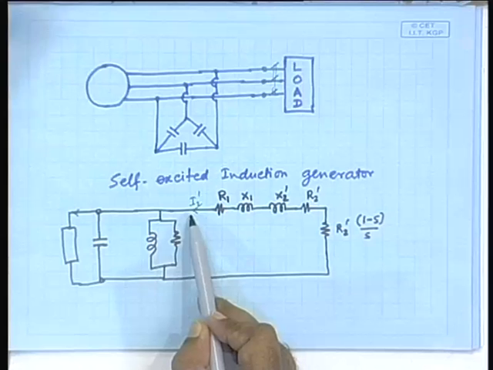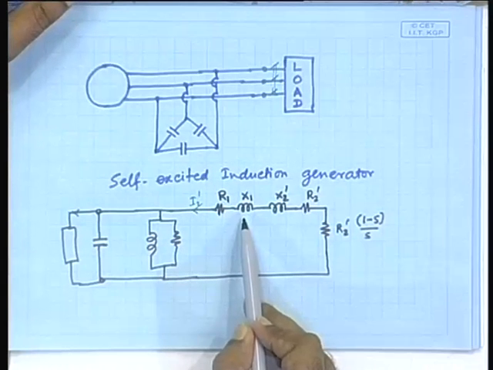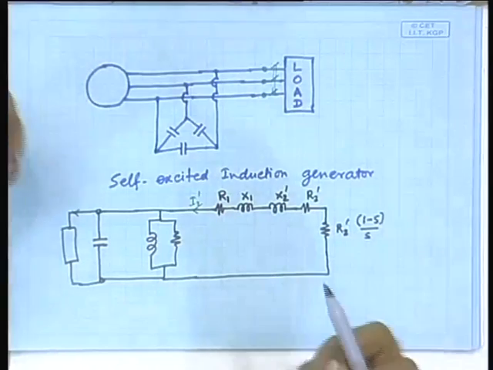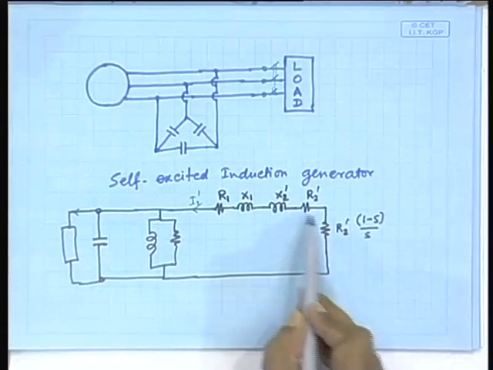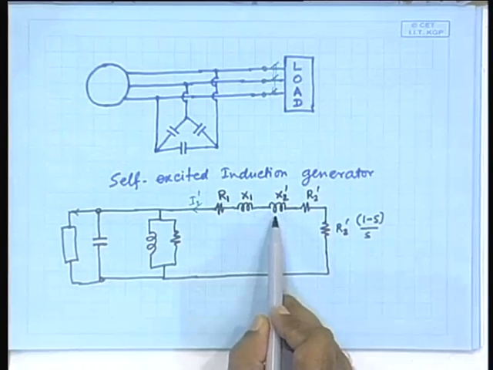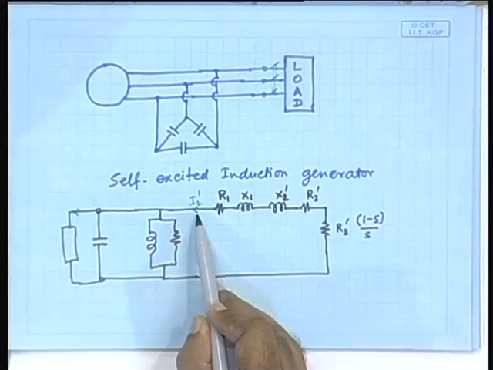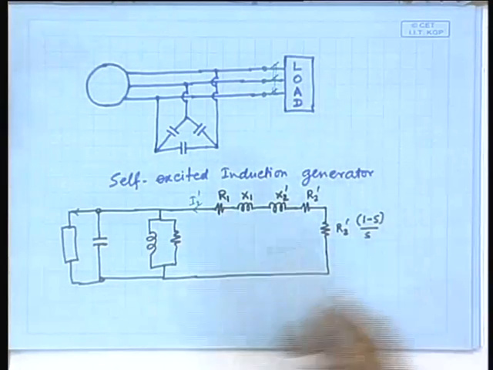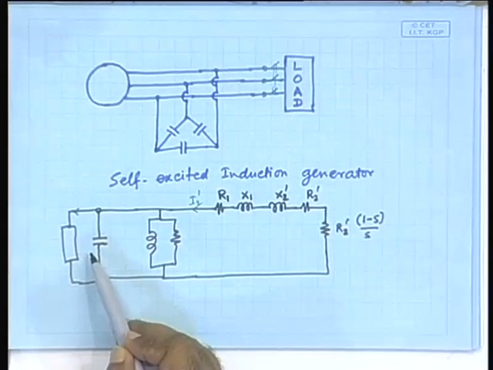If I2 prime has to flow, then these two will consume reactive power. So long as this current is small, the reactive power consumed by these two will be small, but the moment I2 prime becomes significant, there will be a significant amount of reactive power consumed by these two. And where is the source of reactive power? Only one. Okay.